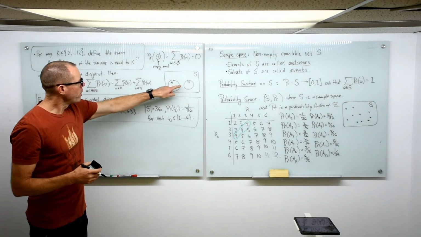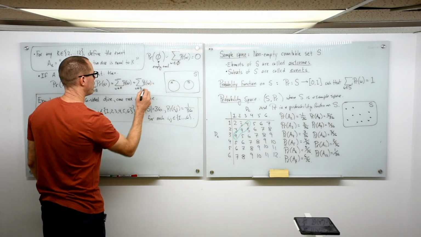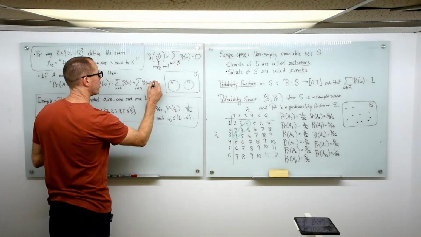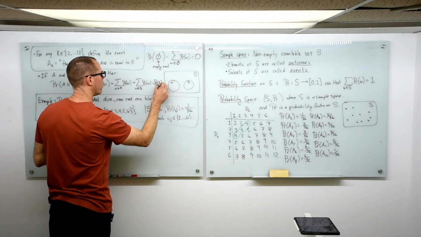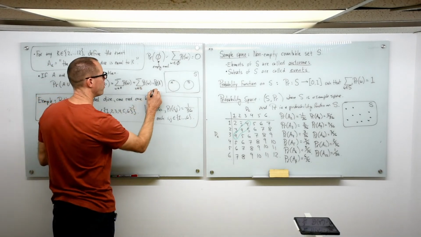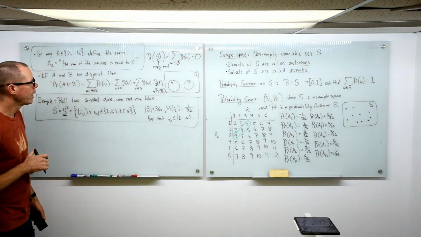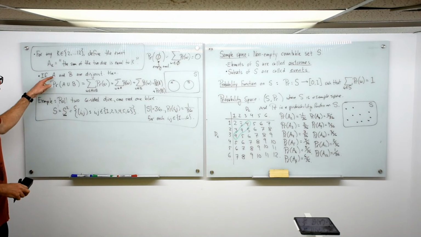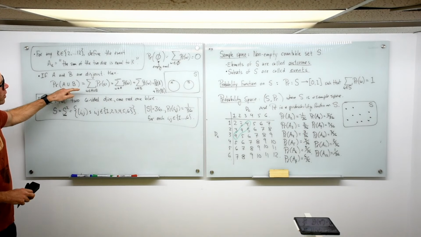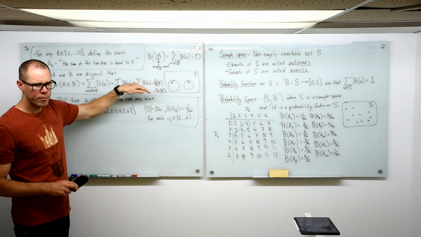And since they're disjoint, we're never going to count anything twice this way. Well, what's this sum here? This is just the probability of A. What's this second sum here? This is we go through B and add up everything. This is just the probability of B. So if A and B are disjoint, then the probability of A union B is just equal to the probability of A plus the probability of B.